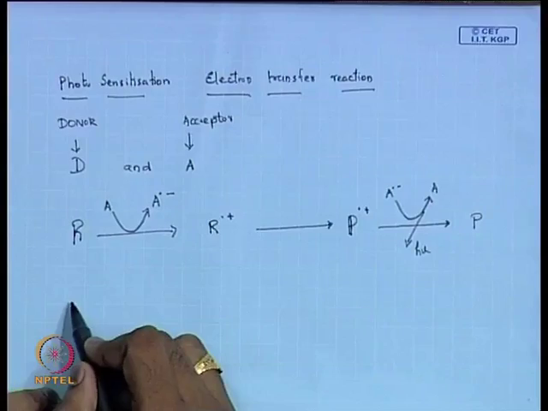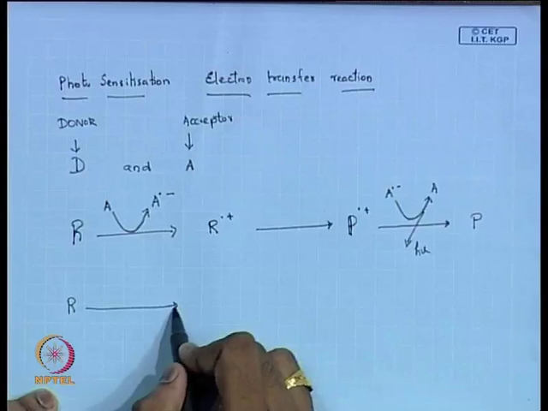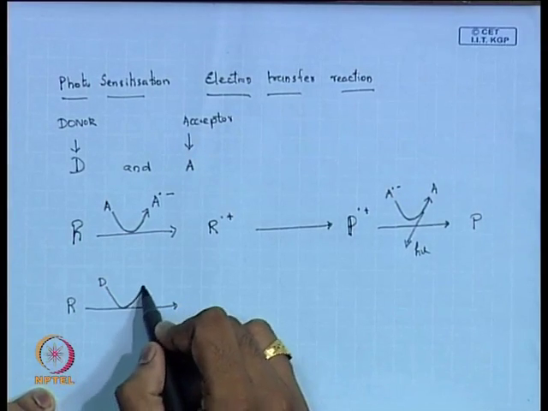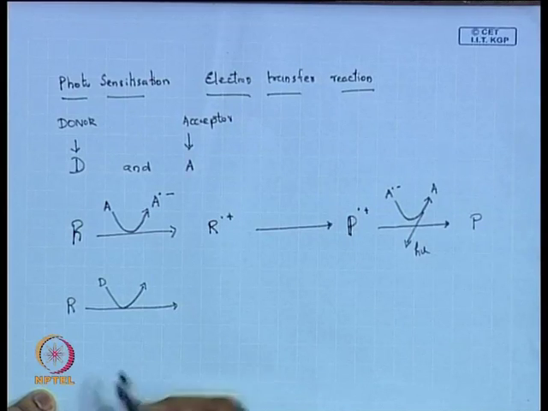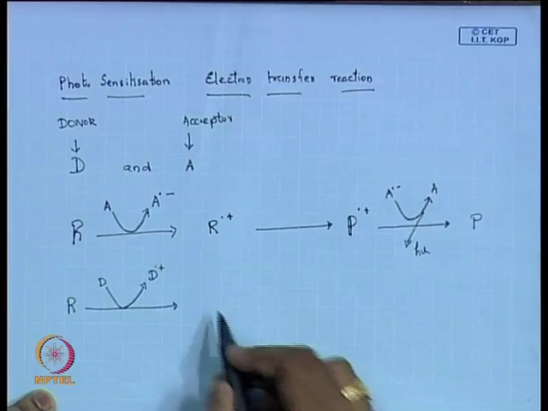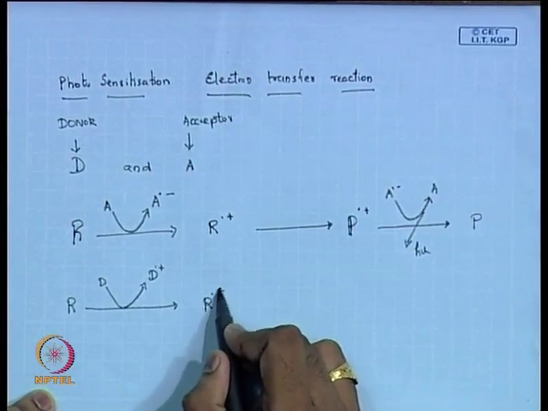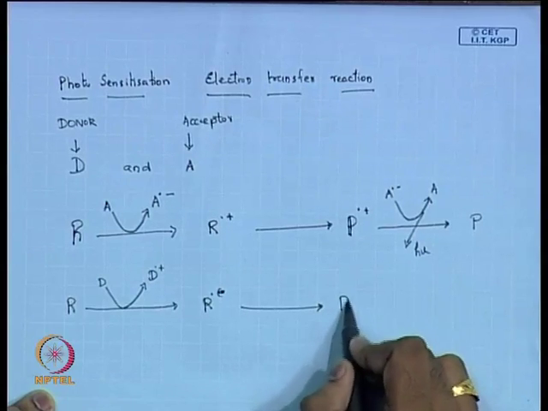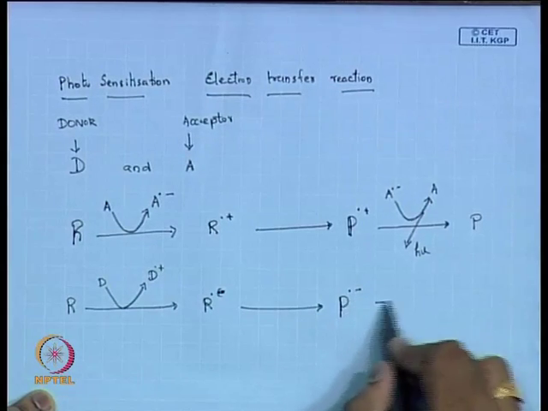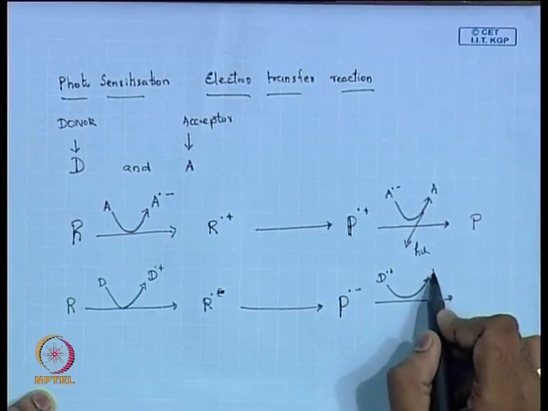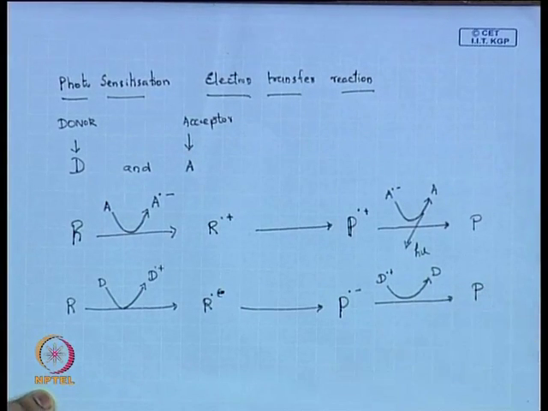Same way, if it is a donor, what does the donor do? Other way around. So, I get an R dot minus, which can then give me P dot minus. So, this is the way it works, fine.